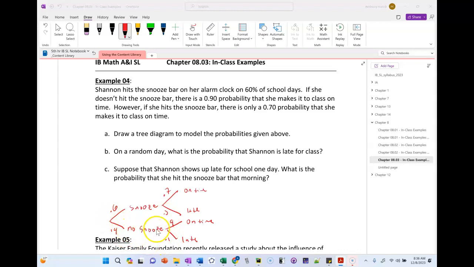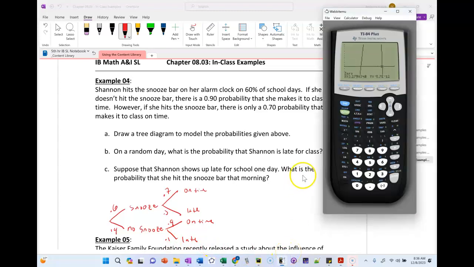And then this route to late. How do I calculate that route? 0.4 times 0.1. And then I add the two together. So I think it's 22% or something. Nope. I think it's 22, I said. So 0.6 times 0.3 plus 0.4 times 0.1.